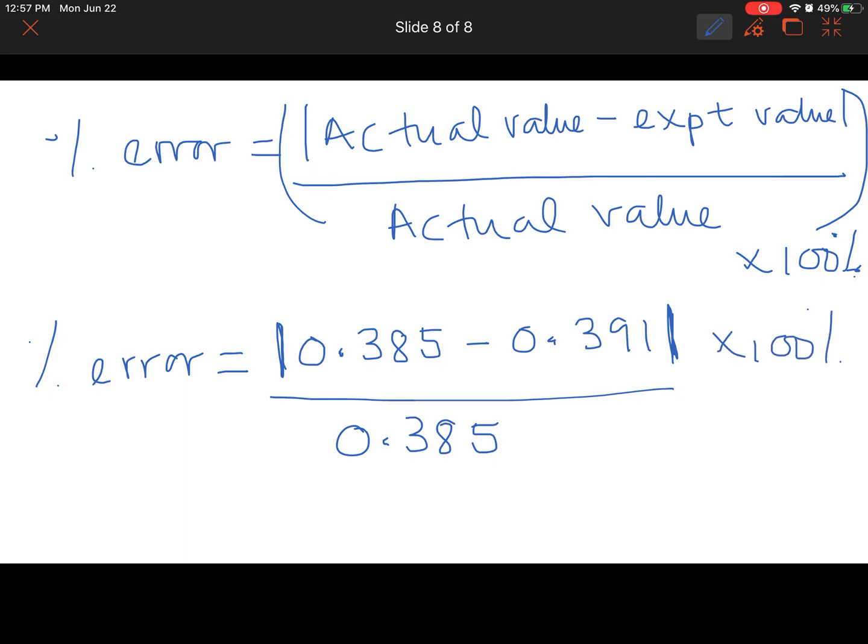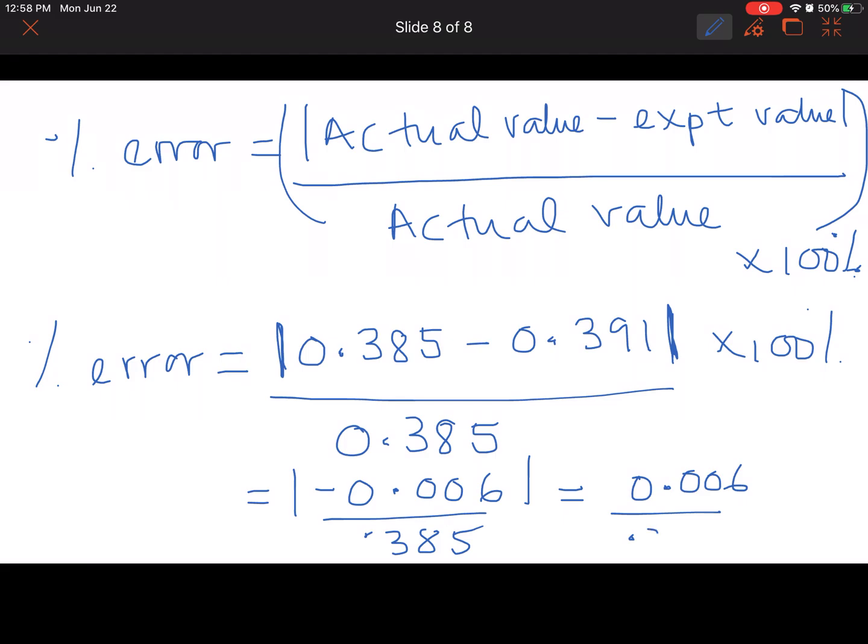So 0.385 minus 0.391 is going to give me negative 0.006 over 0.385. Remember, these bars mean whether you get a negative or positive, you only take the positive value. So that's going to be positive 0.006 over 0.385 times 100. That will be your percent error.